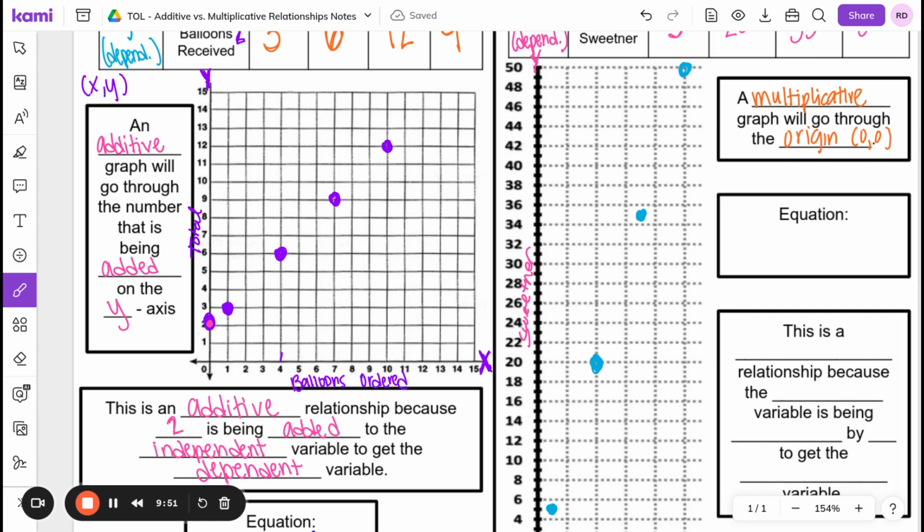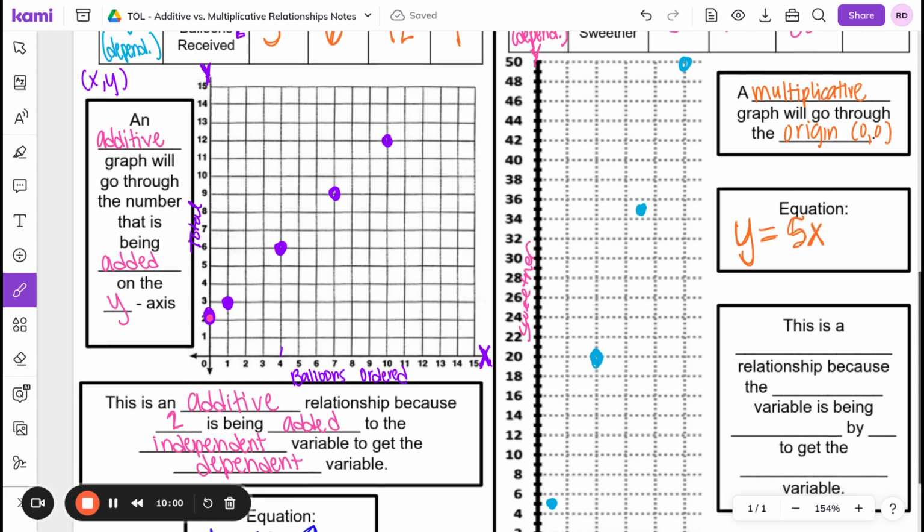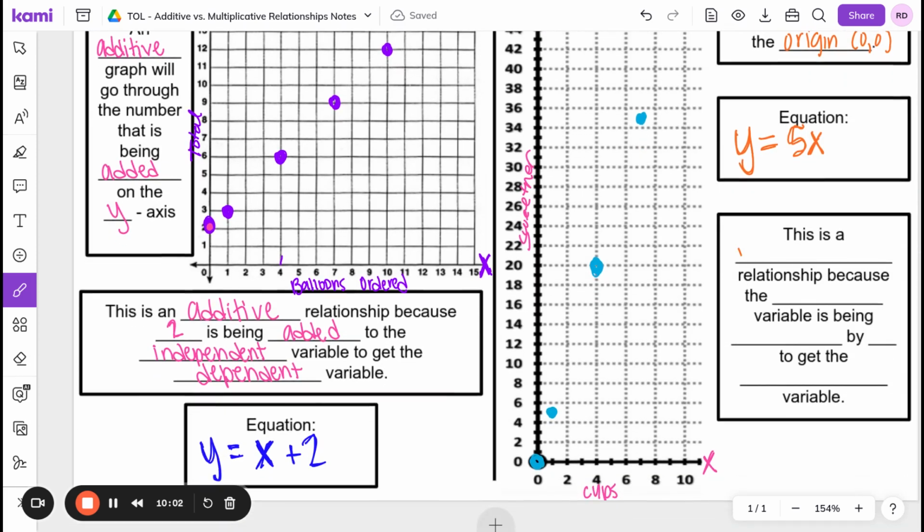The equation for this problem, how we solve it, we're always trying to find y, the answer. We got all of our y values by taking 5 and multiplying it by x. And this is a multiplicative relationship because the independent variable is being multiplied by 5 to get that dependent variable.